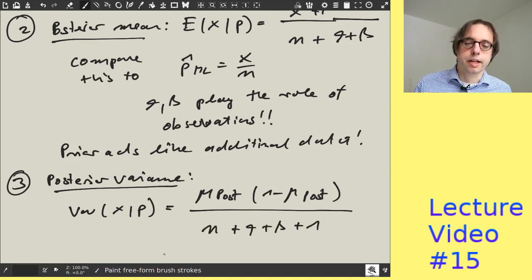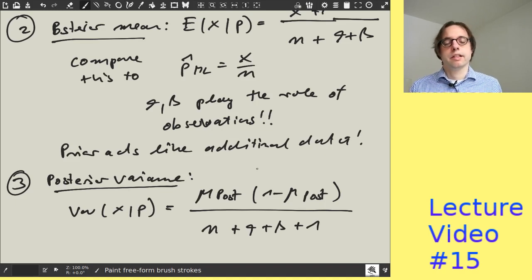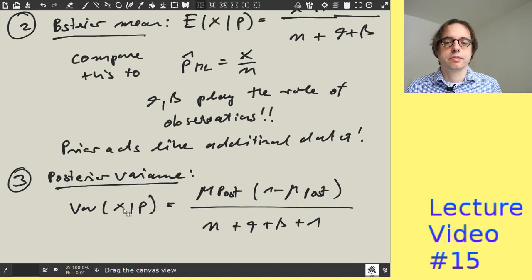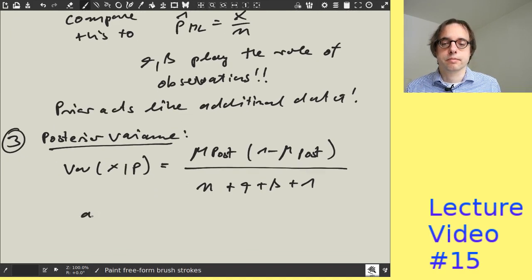And compared to the variance of the ML, you see also that alpha and beta play the role of observations.